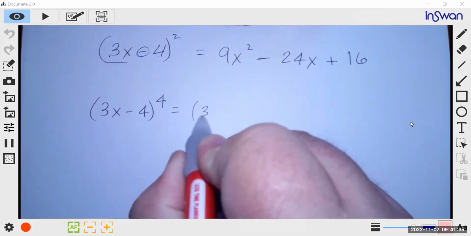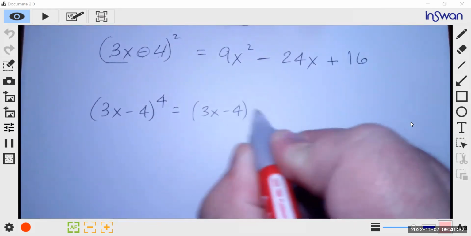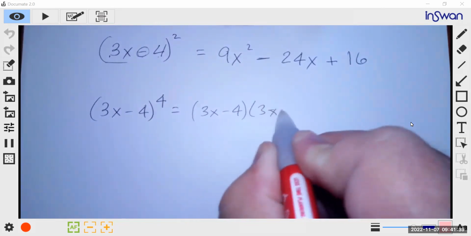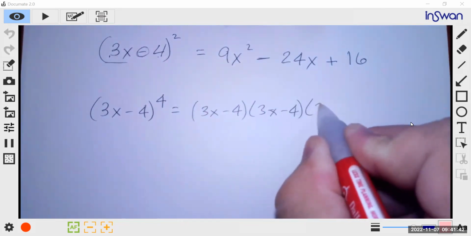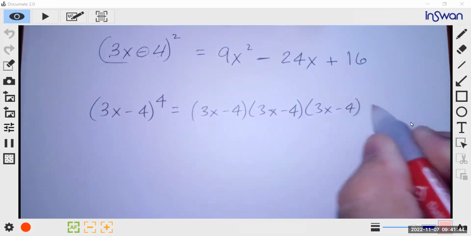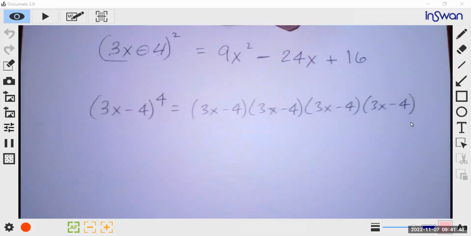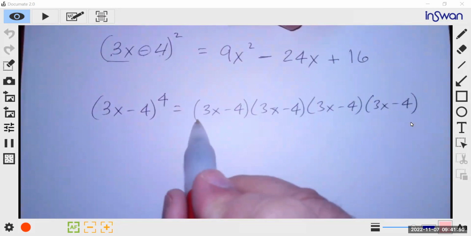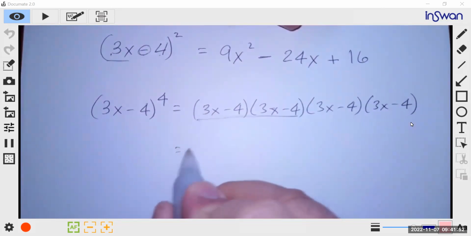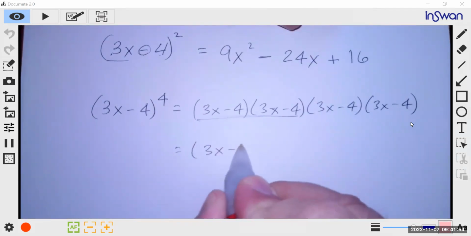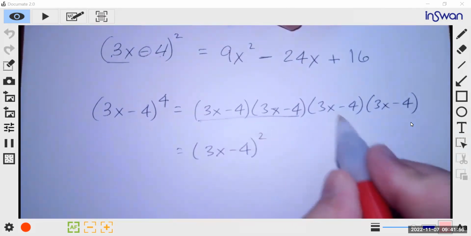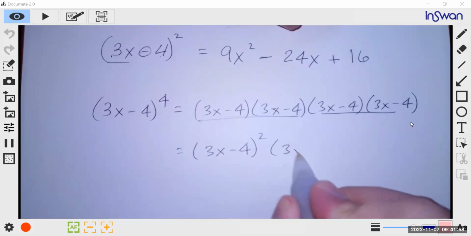So what does this really tell us? Well, it tells us that we have 4 of these multiplied together, right? So we could look at these as 2 separate equations.